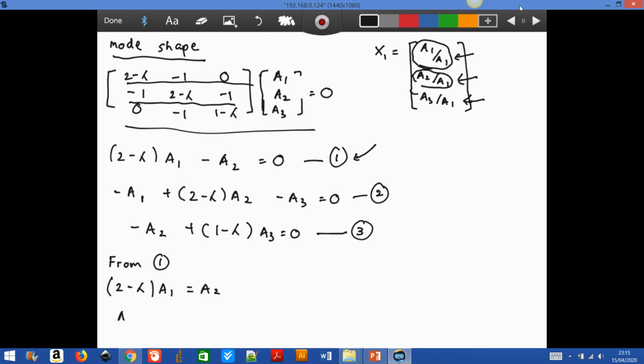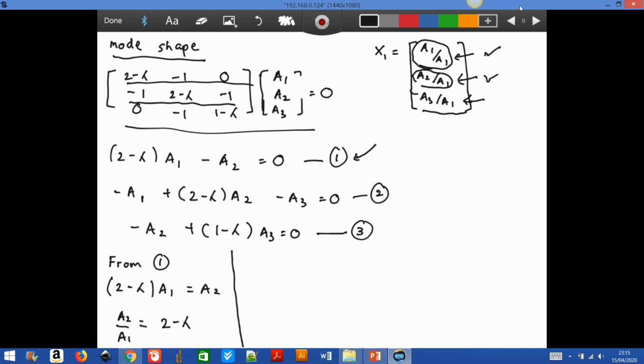So a2 over a1 is 2 minus lambda. So we have solved this one.